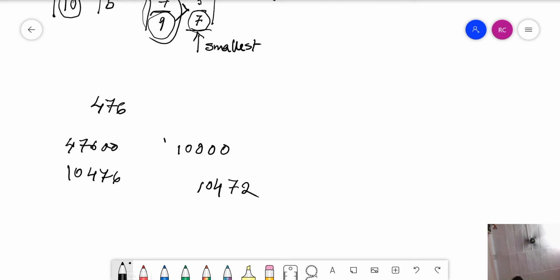So this is clearly not divisible by 476. This is clearly not divisible either. So we're left with these two. Since we have to find the smaller, we have to test this first.